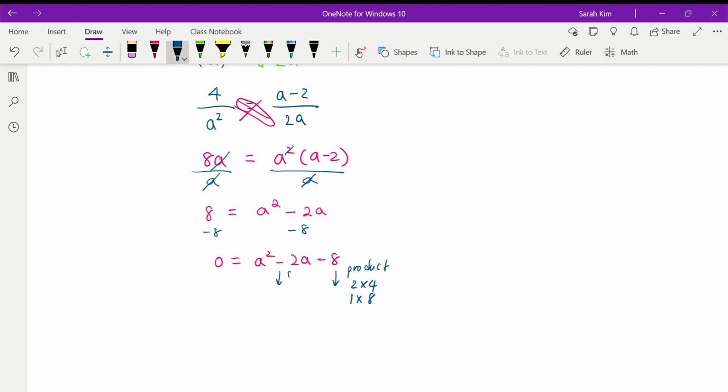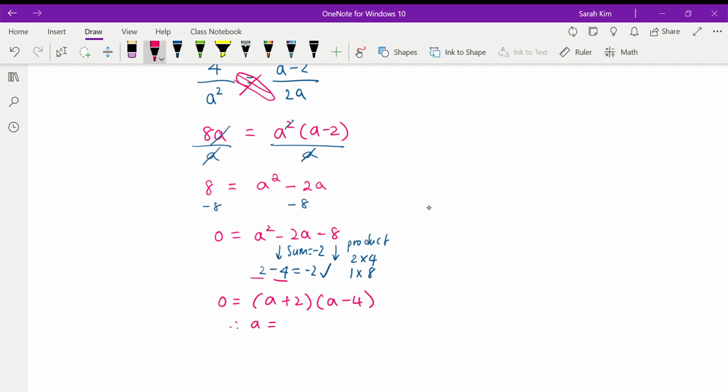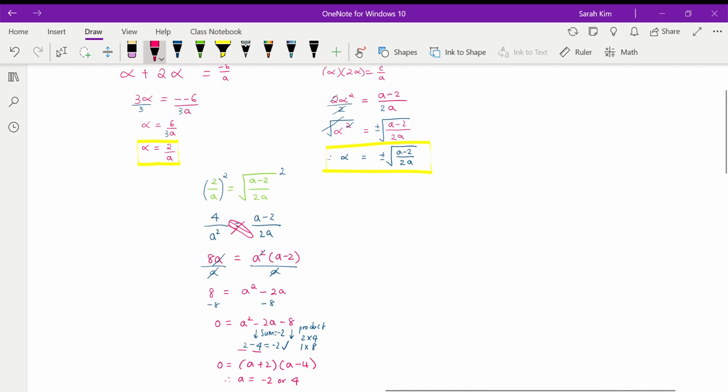I'm going to aim for my sum being minus 2, so it's going to be 2 take 4, which is minus 2. So those are my brackets. It'll be a plus 2, a minus 4 as my answer. So therefore my a is going to be negative 2 or 4. So I have two options.